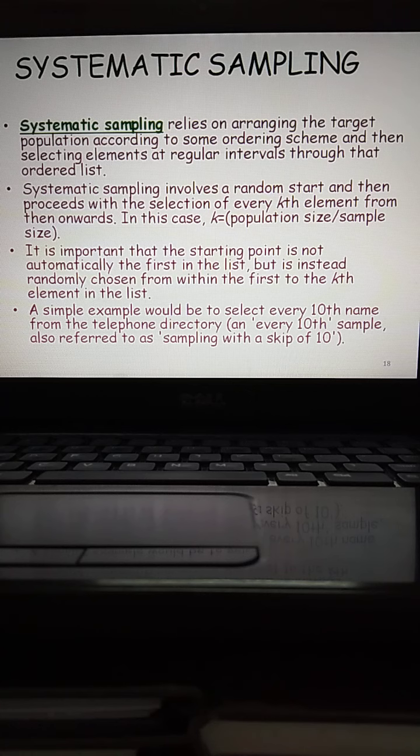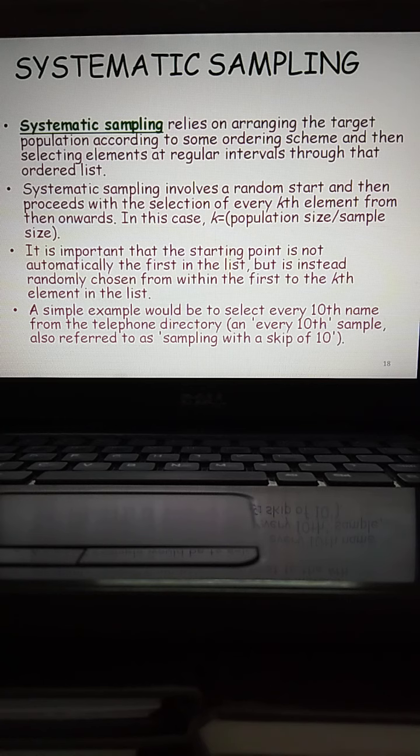Now let us suppose that the population size is 1000 units, and you want to have 100 units in your sample. Then the k value is going to be 1000 by 100, so it is nothing but 10. That means every 10th value you are going to select.